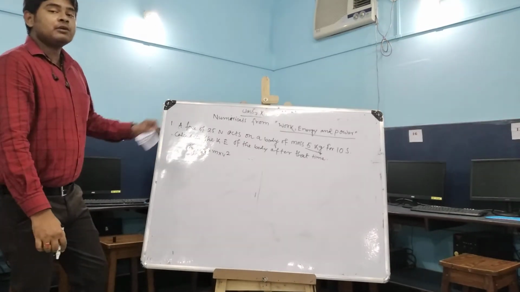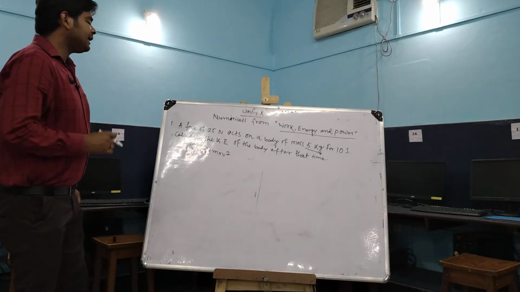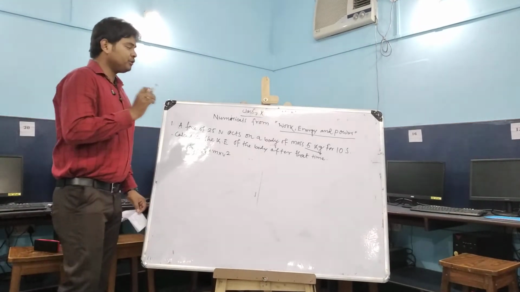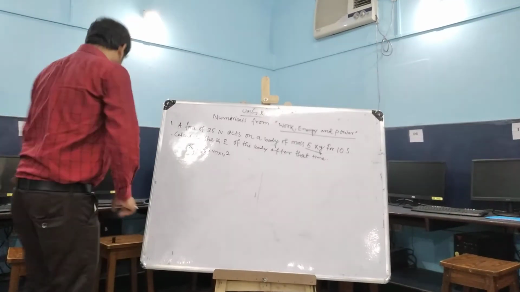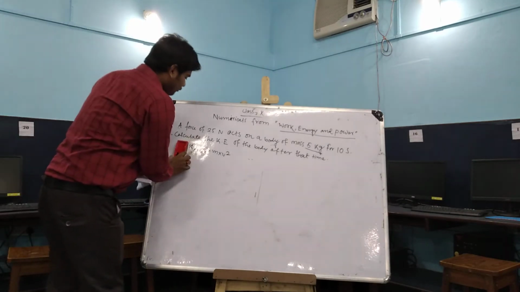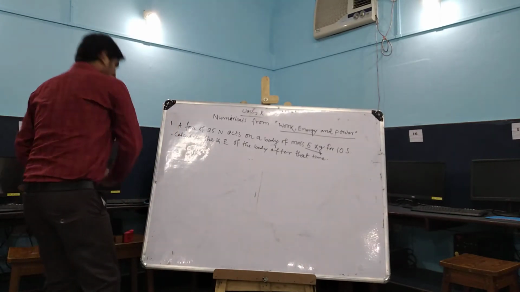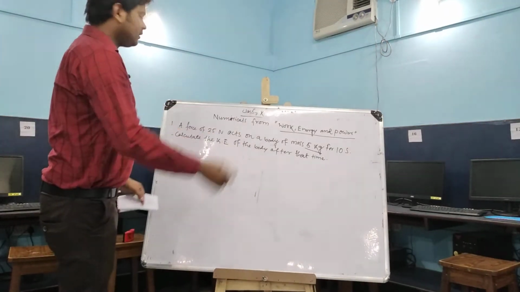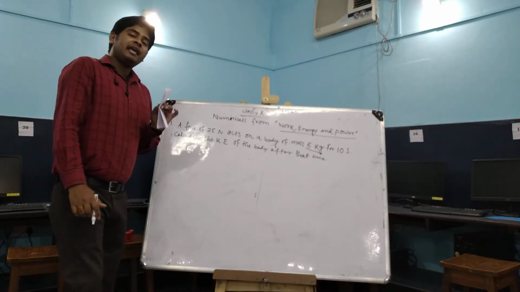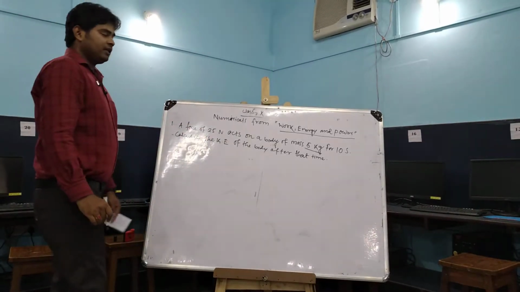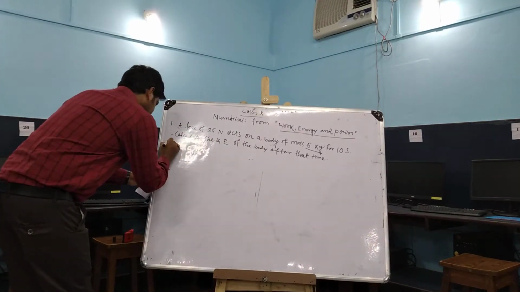To calculate the velocity of that body, we need the acceleration, which is not provided in the question. So at first we calculate the acceleration, then calculate the velocity and put the values in K equal to half m v square. Then we will get the kinetic energy of the body.